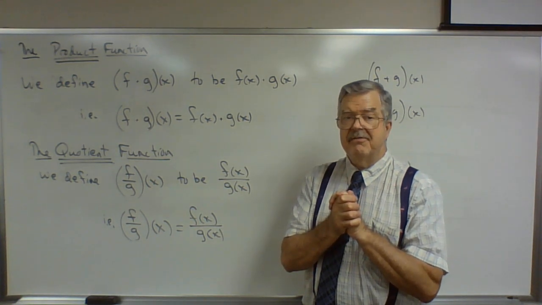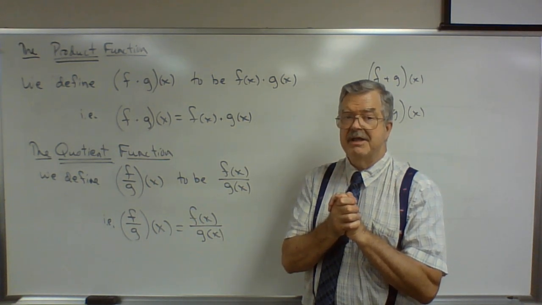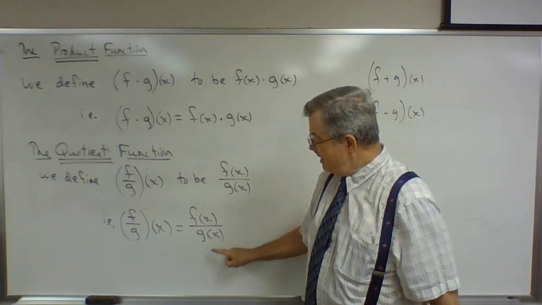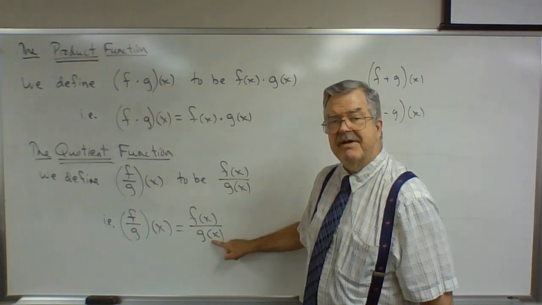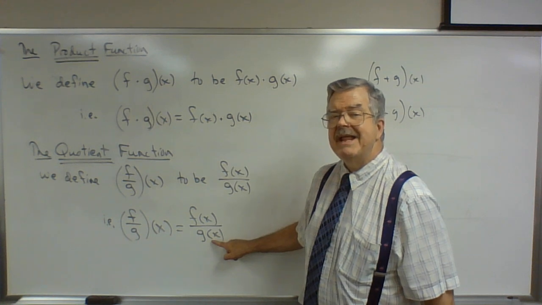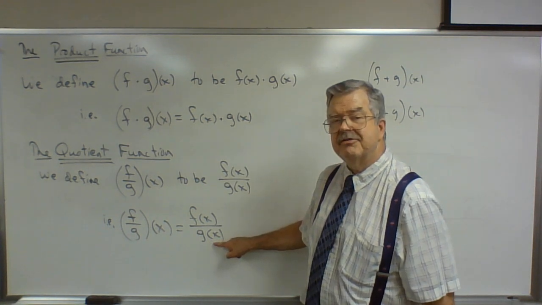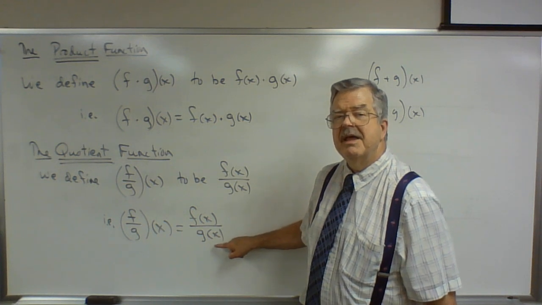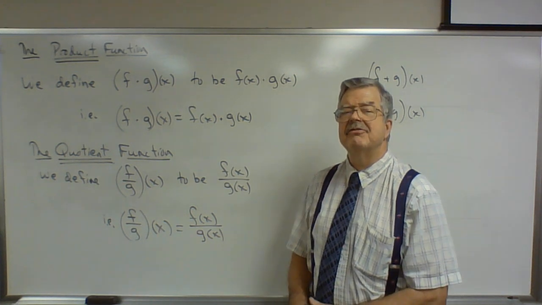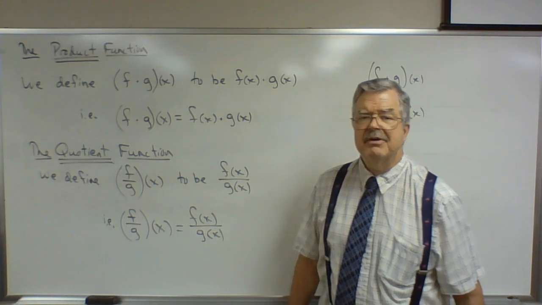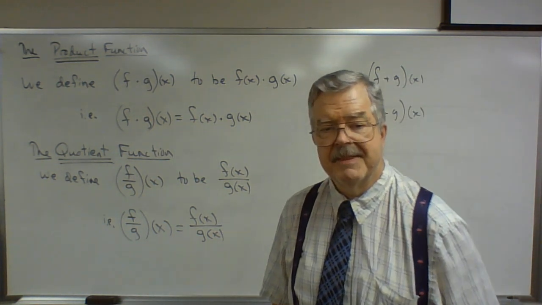Normally, it's okay for a function g of x to be equal to 0. But here we're dividing by g of x. So any x value that makes g of x 0 causes division by 0 here. And we have to exclude that x value from the domain also. Let's look at some examples.